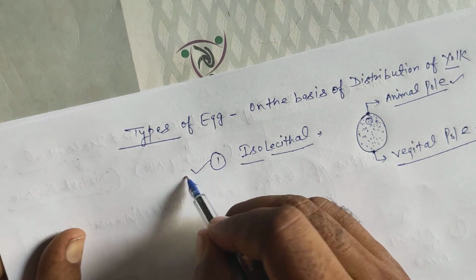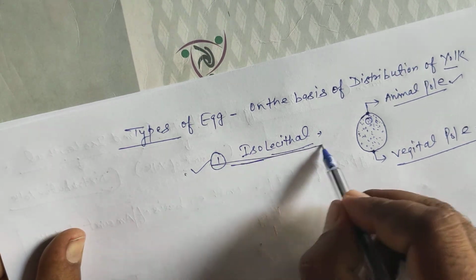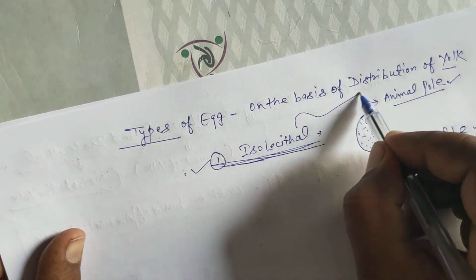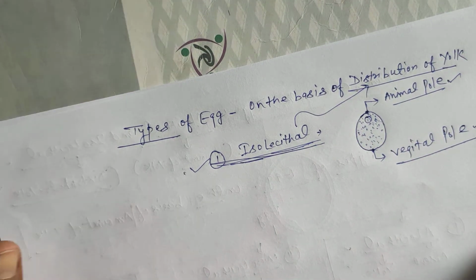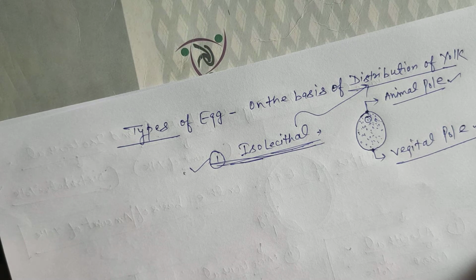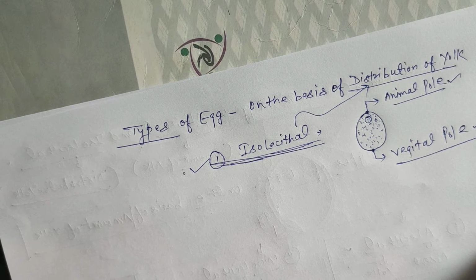So the human egg is isolecithal on the basis of distribution of yolk. So the human egg is alecithal on the basis of amount of yolk. Second, isolecithal on the basis of distribution of yolk. Iso means equal, lecithal means yolk. So the human egg is alecithal and isolecithal.